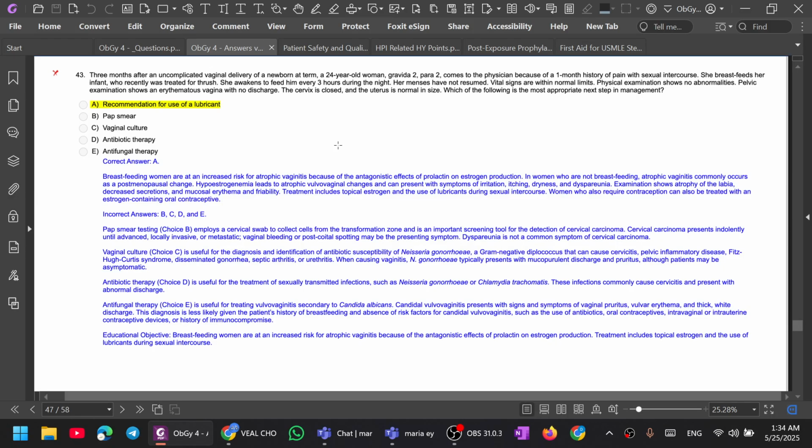Hypoestrogenemia leads to atrophic vulvovaginal changes and can present with symptoms of irritation, itching, dryness, dyspareunia. Exam shows atrophy of the labia, decreased secretions, mucosal erythema and friability. Treatment includes topical estrogen and the use of lubricant during sexual intercourse. Women who also require contraception can also be treated with estrogen-containing oral contraceptives.